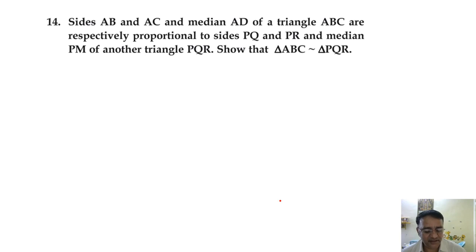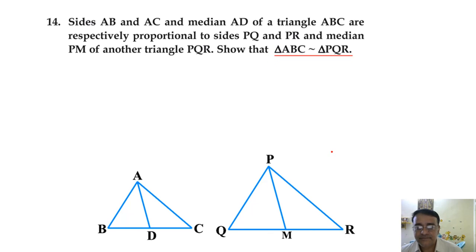Question number 14 12 जैसा ही दिखता है but 12 जैसा नहीं है. Sides AB, AC and median AD of a triangle ABC are respectively proportional to sides PQ and PR and median PM of another triangle PQR. Show that triangle ABC is similar to triangle PQR. ठीक है.